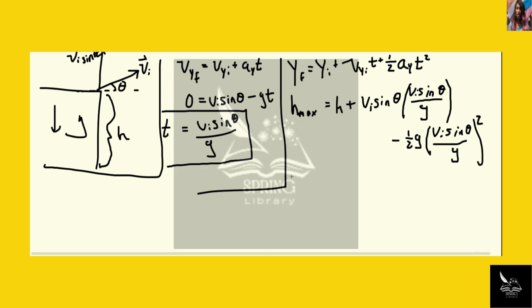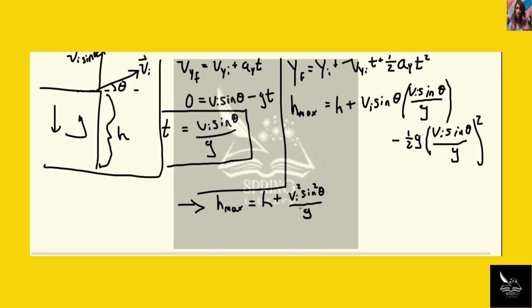I'm going to move over to here now, which gives me some more space, and we're going to keep cleaning this up a little bit. So we have our h max, equal to h plus Vi sine theta times all this stuff together, so we can put them together: Vi squared sine squared theta, and the g tags along on the bottom.